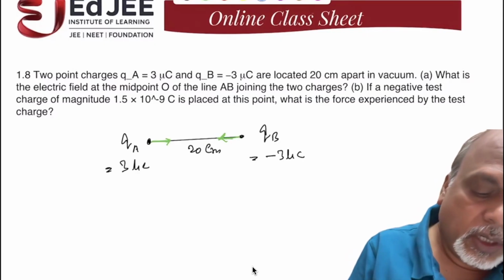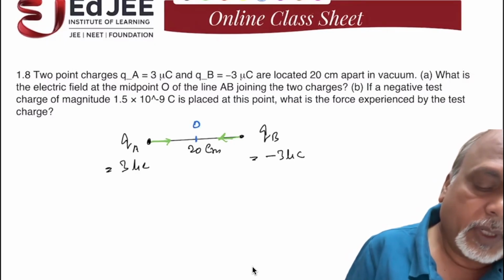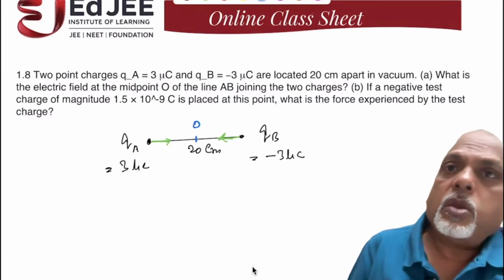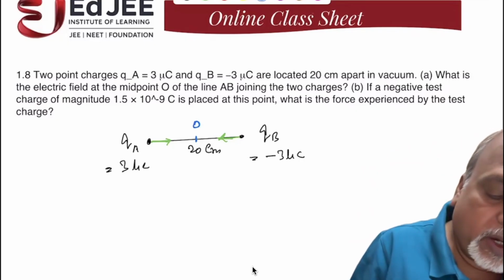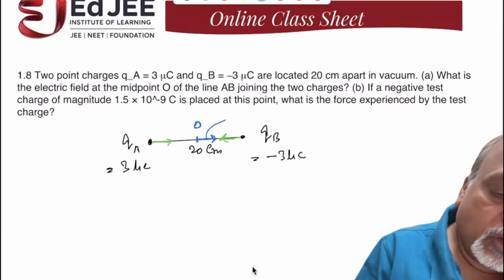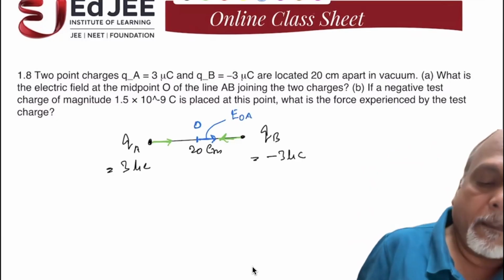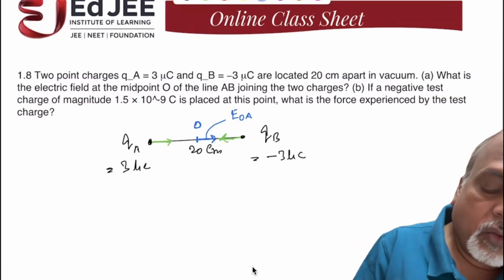So let us see it. This is the midpoint O. Suppose we find EO. This is the electric field at O due to charge QA. And what is the electric field at O due to QB?